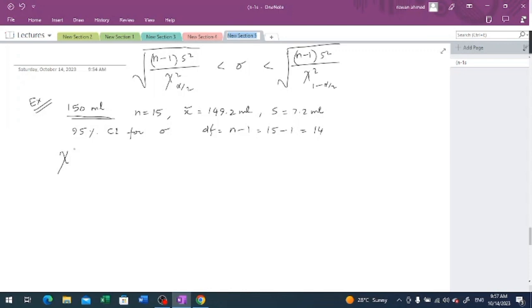Since we are interested in 95% CI, one value of chi-square should be 0.025, because equal probability of 0.025 we assign to both the tail ends. So one value should be 0.025 with 14 degrees of freedom. Another value of chi-square should be 1 minus 0.025, that is 0.975 with 14. How did we determine this? 1 minus 0.025.